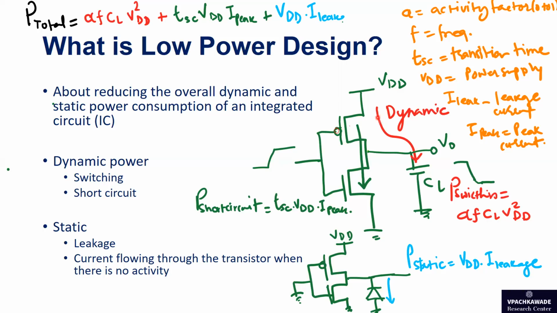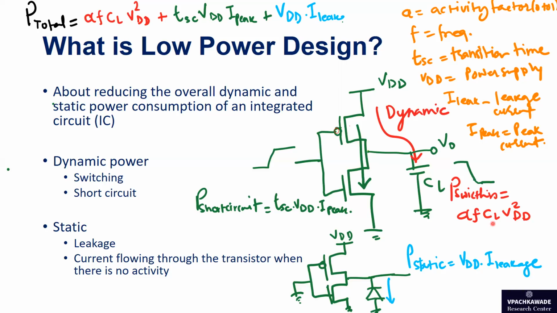The red arrow shows the dynamic case, when the switching is happening. The power consumed by the circuit is called the switching power, P switching, which is alpha F Cl and the square of the VDD. So if you reduce the power supply voltage, you have lower power consumption.